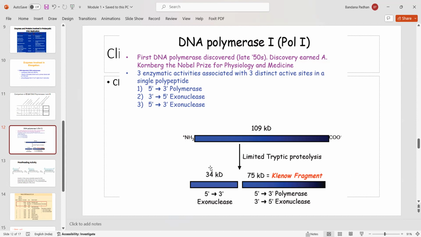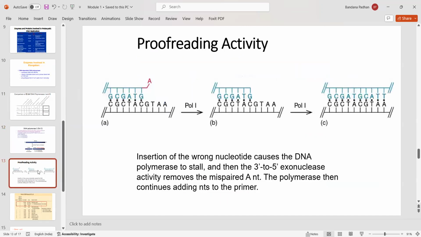The smaller fragment of polymerase 1 has the 5' to 3' exonuclease activity, and the larger fragment is also known as the Klenow fragment. The larger fragment has the ability of polymerization, and it has 3' to 5' activity.